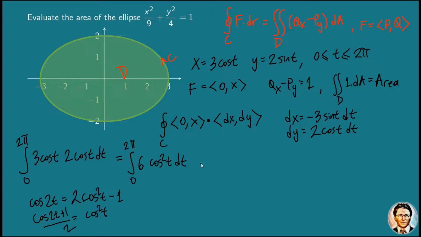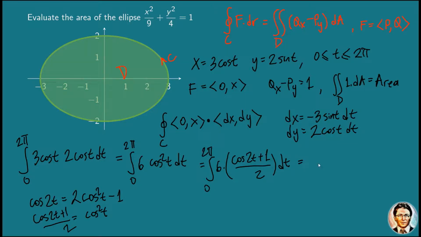So if you replace cosine square with (cosine 2t plus 1) over 2, dt from 0 to 2 pi.